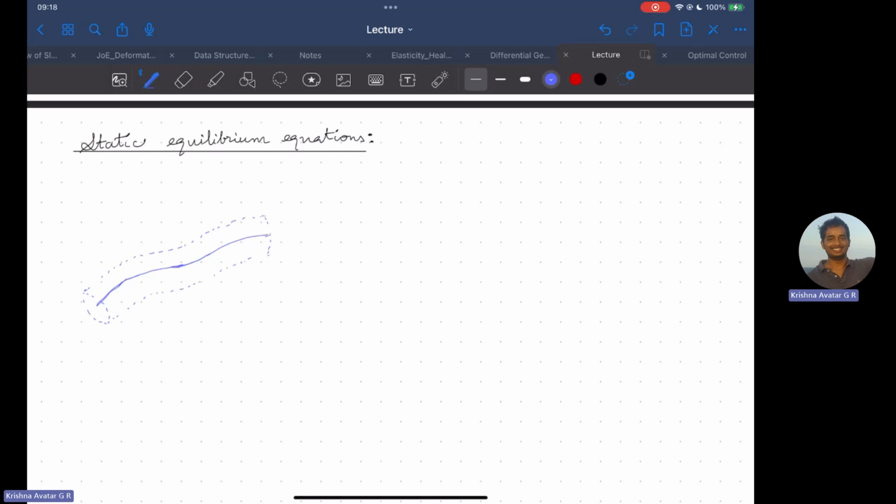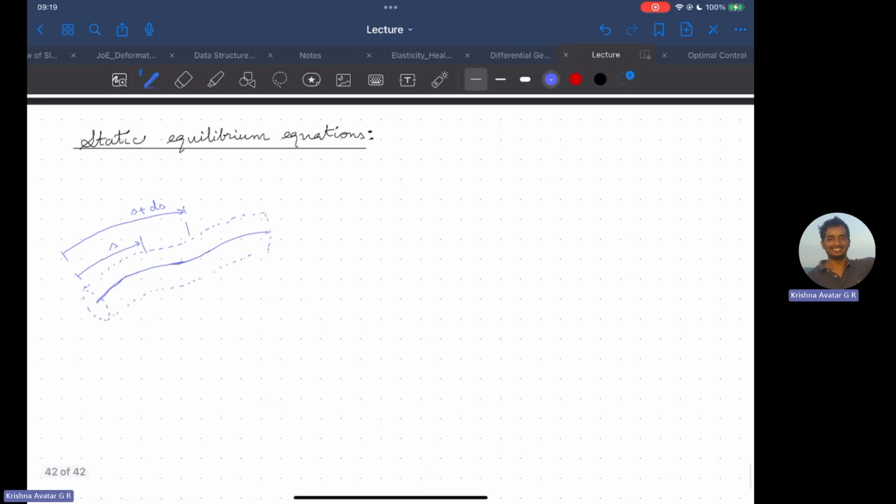We extract a segment of this. So from here to this will be s. From here to here, this is like s plus ds, or rather, let's call it s plus delta s, or why not d of s, so that we don't have to worry about the simplifications later. So we extract this segment.